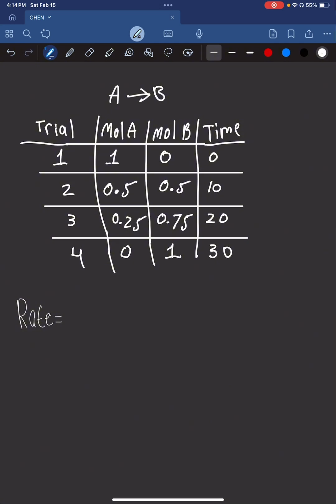The rate is going to be equal, as we said before, to the change in something. We could put either A or B, but let's just say X as a general, like we said before, the change in something over the change in time. Now, if we want something specific in this case, let's do B.